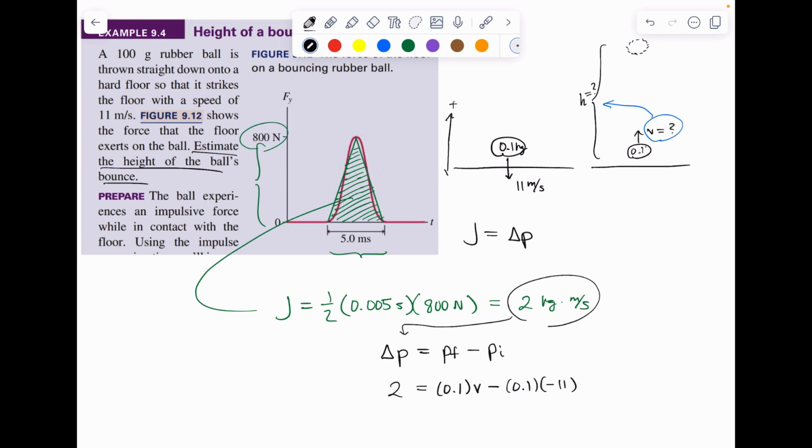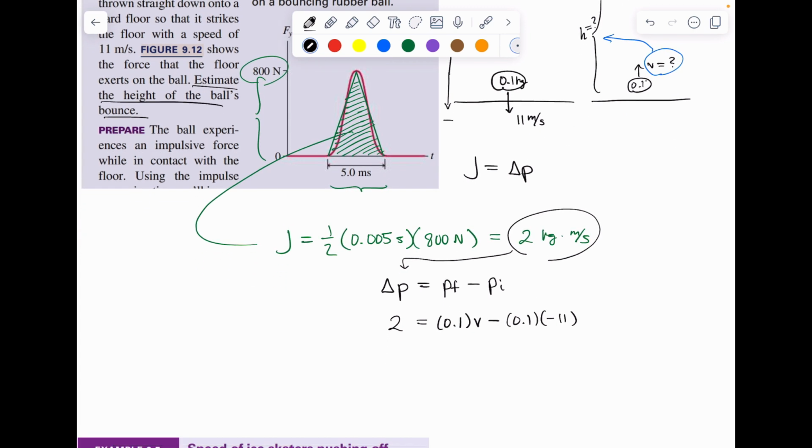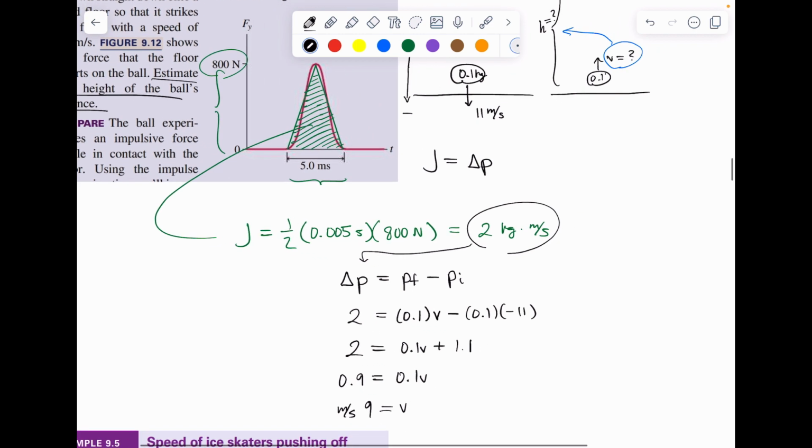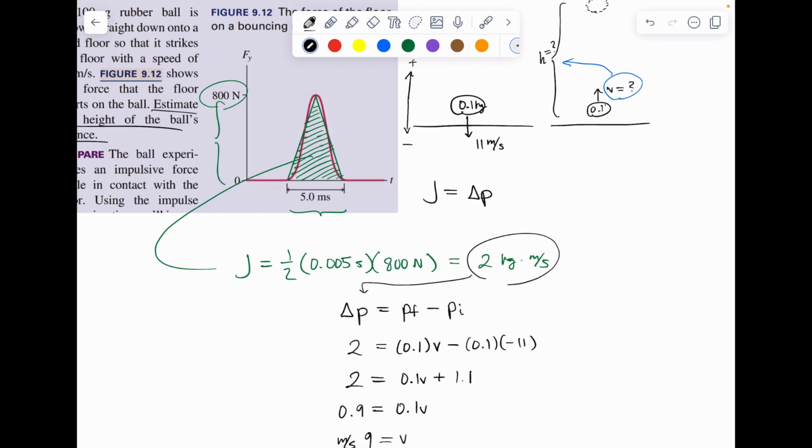Positive direction, negative direction. Okay, cool. So we can solve for v. 2 equals 0.1 v plus 0.1 times 11, which is 1.1. This is going to be 0.9 equals 0.1 v. v equals 9 meters per second. I'm writing backwards here, but that's okay. So that is the velocity of the ball going up after it's collided with the floor.